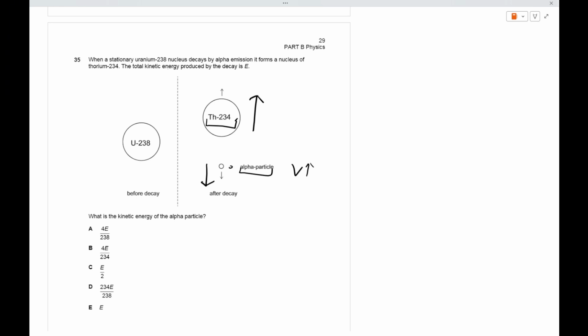So since kinetic energy is proportional to v squared, the kinetic energy of the alpha particle is going to be massively larger than the kinetic energy of this big particle.